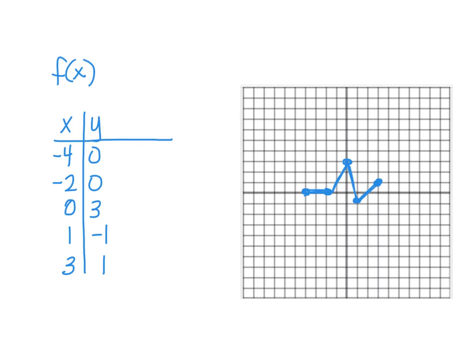Now, like we started talking in the last one, what if I took f of x and I said, give me a new graph, g of x, which is going to be equal to f of x plus 3.